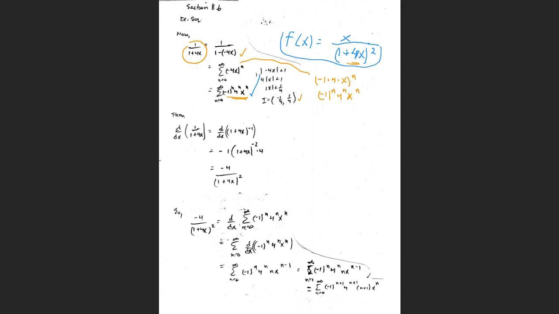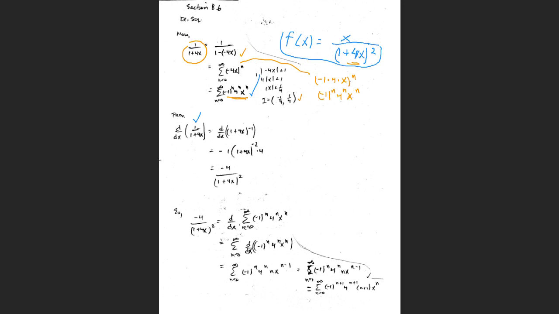Well, what we can do is differentiate 1 over 1 plus 4x. Now, instead of using the quotient rule, I'm going to write 1 over 1 plus 4x as the quantity 1 plus 4x to the negative first power.